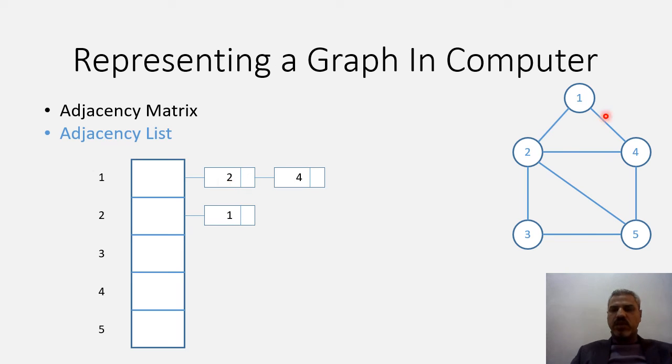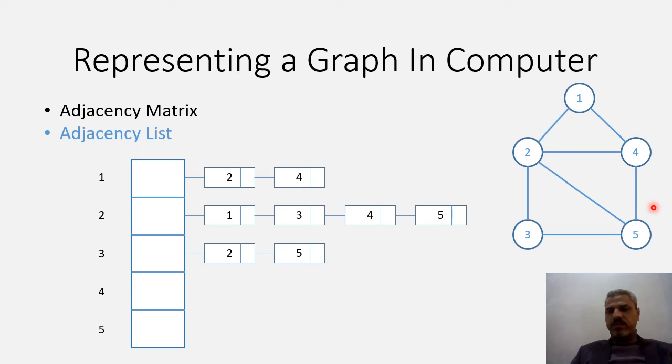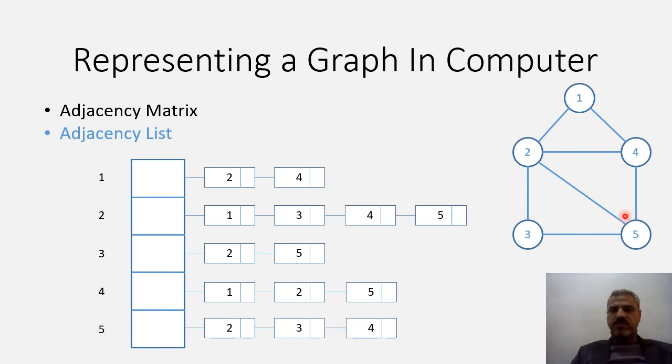Vertex 2 is connected to vertex 1 and 3 and 4 and 5. Vertex 3 is connected to vertex 2 and 5. Finally, vertex 5 is connected to 2, 3, and 4.